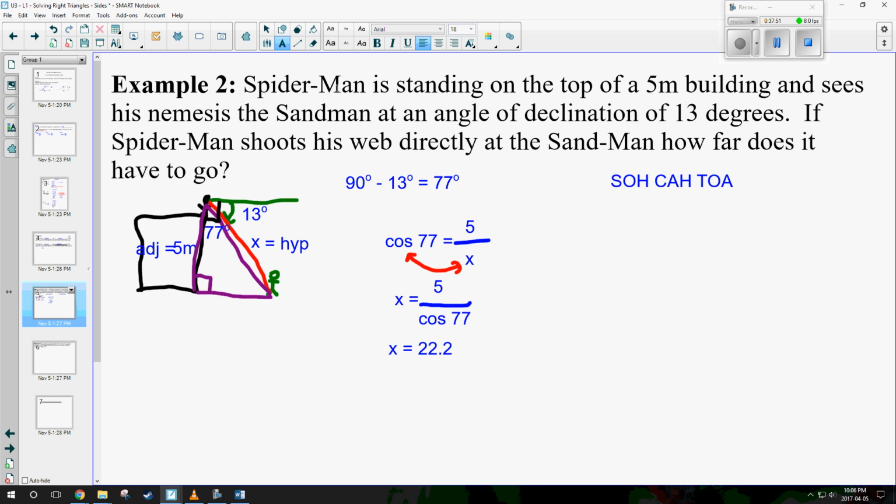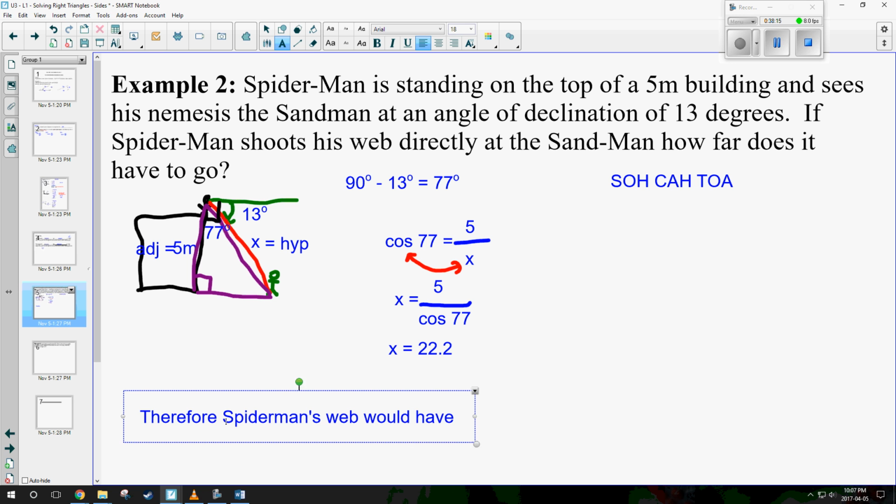Now, because this is a word problem, we have to have a therefore statement, and we have to answer the question. The question asked us, how far does his web have to go? So therefore, Spider-Man's web would have to go 22.2, and because the measurements that we were given were in meters, it's 22.2 meters.